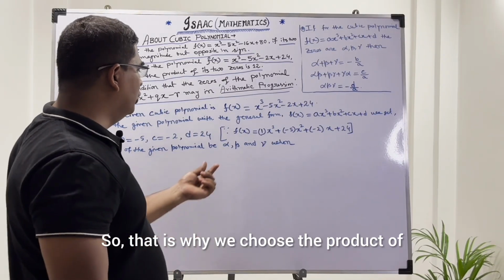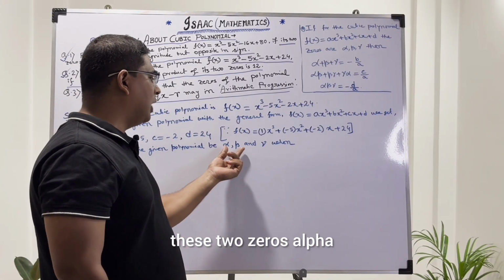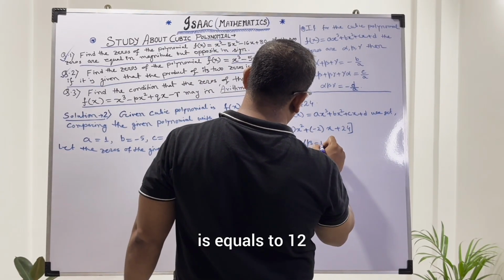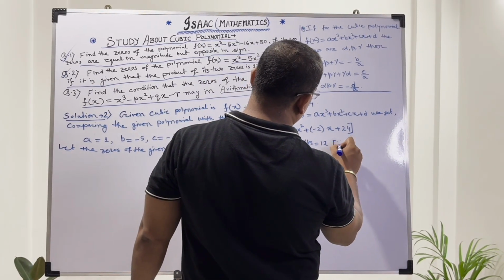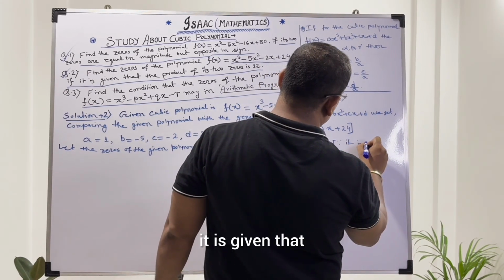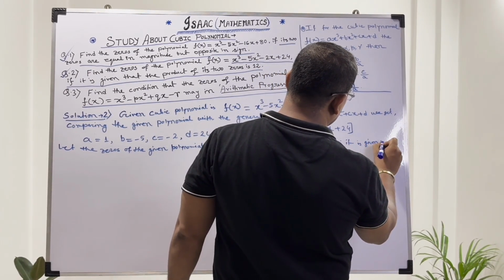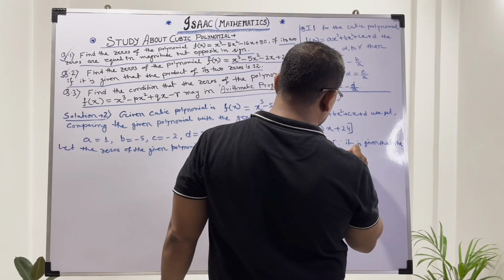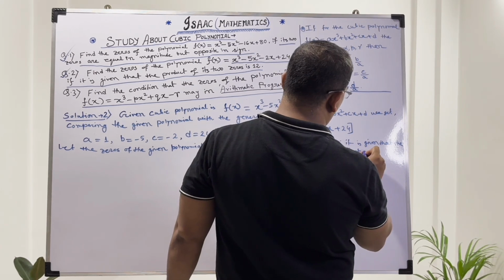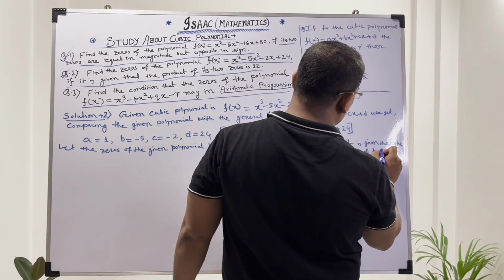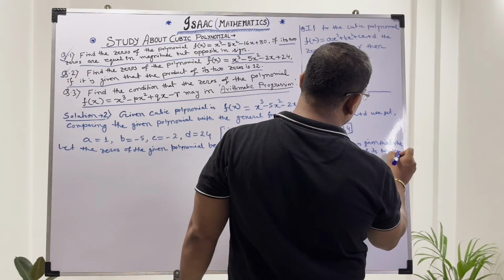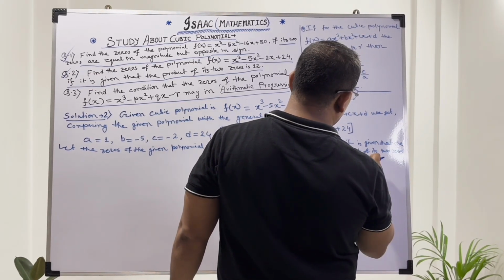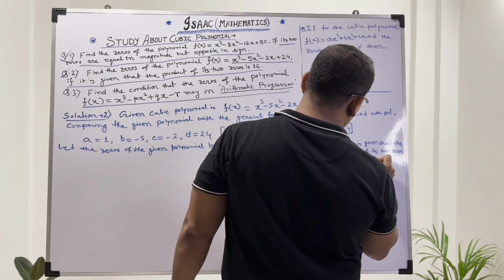So, that is why we choose the product of these two zeros alpha and beta, that is alpha beta equals 12, since it is given that the product of its two zeros is 12. Okay.